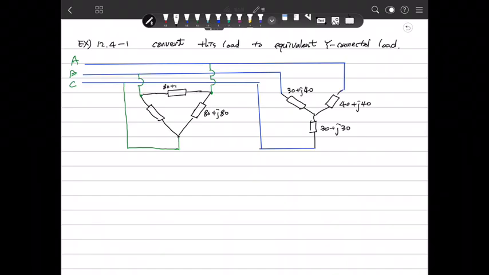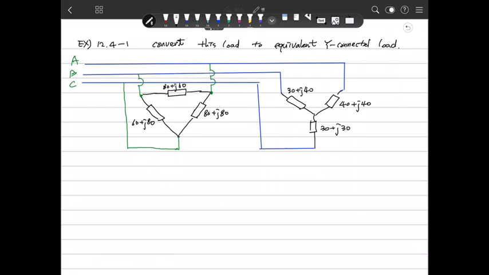This is 80 plus j60. And this is 60 plus j80. Then we need to make a one Y connected load in these configurations.